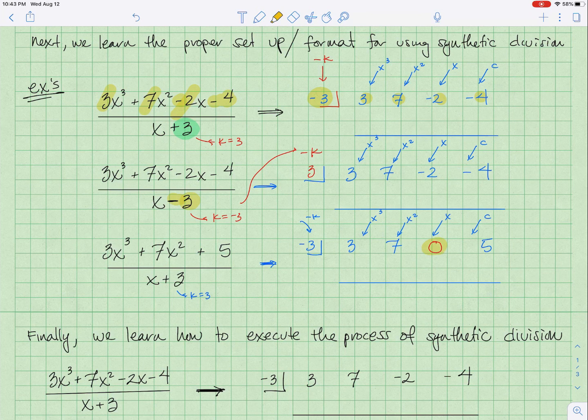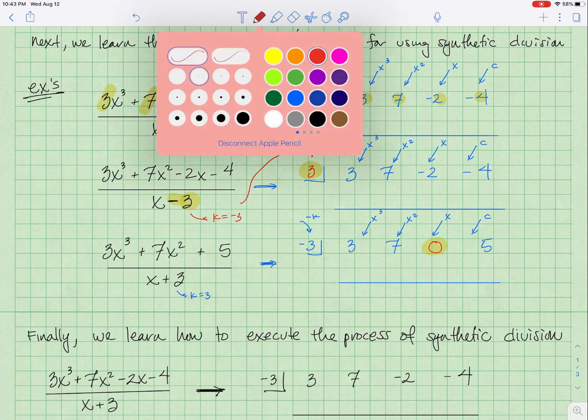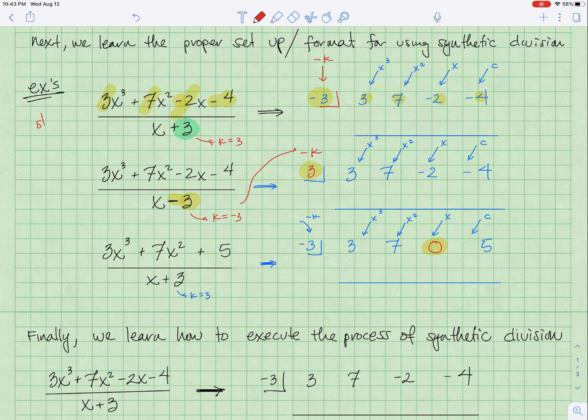So let's highlight our differences. The big idea here is the first one is pretty straightforward. These are the coefficients of the numerator.